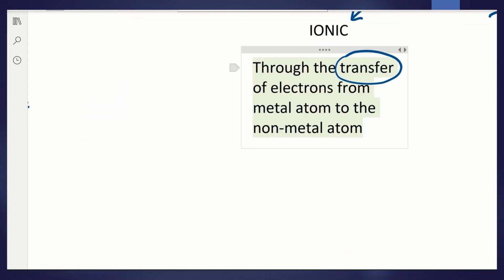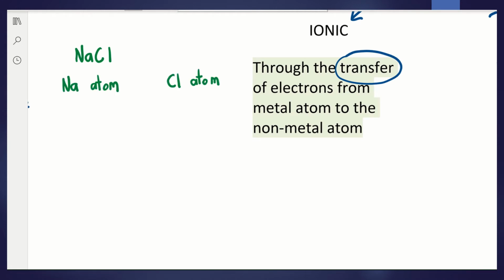An example of ionic compound is sodium chloride. Formation of sodium chloride involves 2 atoms, which are sodium atom and chlorine atom. The electron arrangement of sodium atom is 2, 8, 1, while for chlorine atom it is 2, 8, 7.